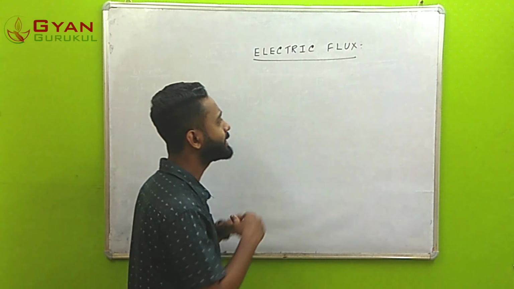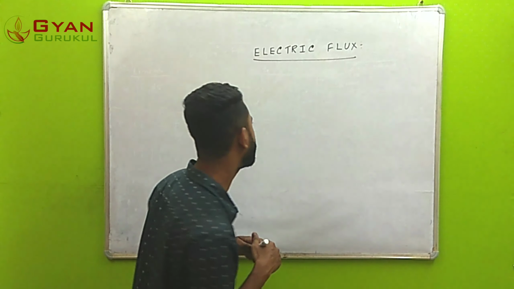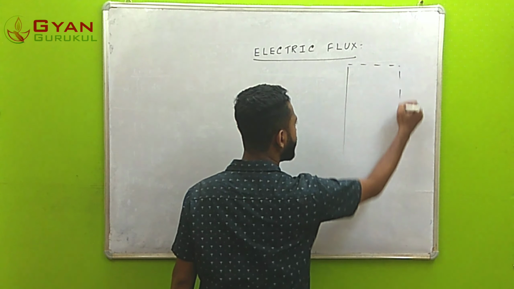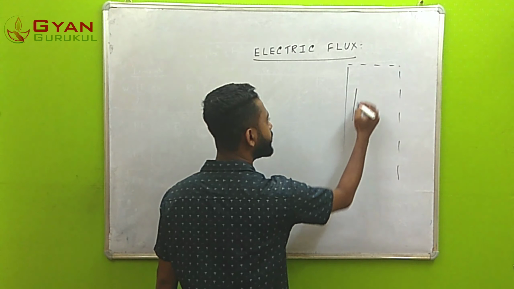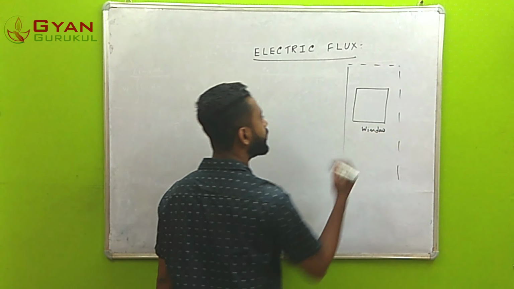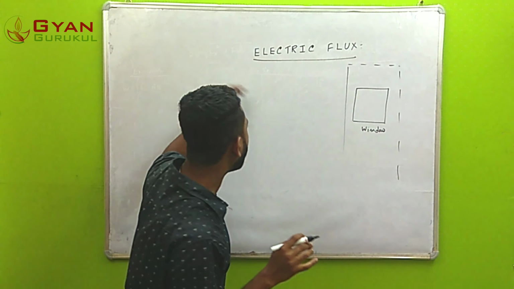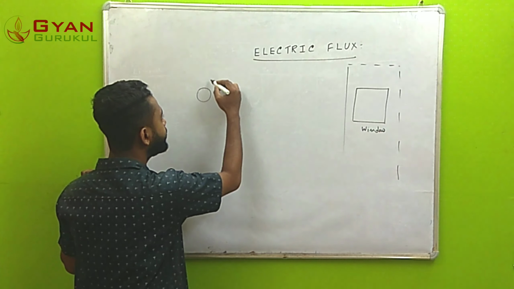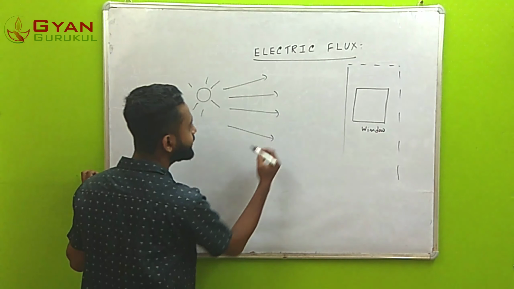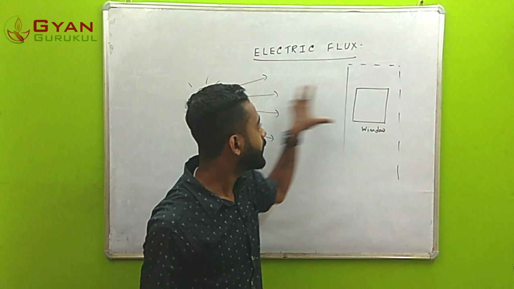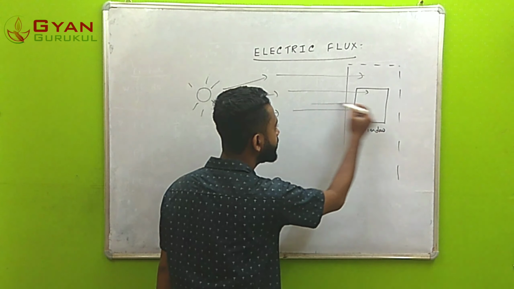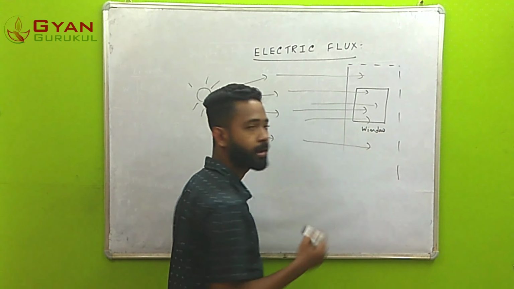Now, in order to understand this by an easy example, I can say it in this particular way. Suppose there is a wall over here, and there is a window in the wall. If there is a sun on the other side and there are some sun rays directed towards the wall, then of all the sun rays that hit the wall, there will be a few that go through the window, right?